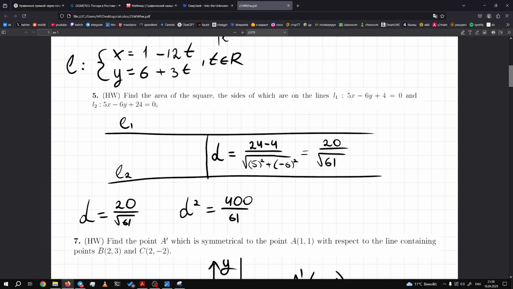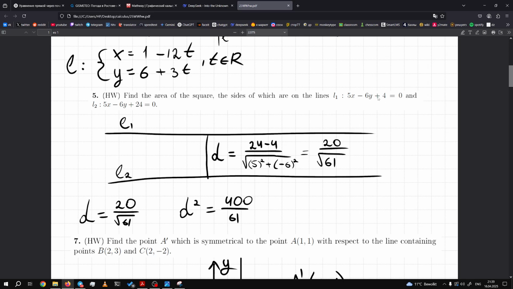And you need to find the square, the side of which is given. So you can find the distance between these two lines.